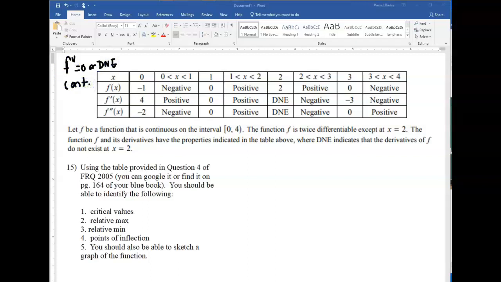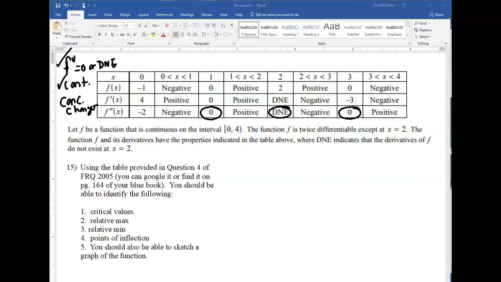And then third of all, the concavity needs to be changing. So let's start with the beginning. Are there any places where the second derivative is equal to 0 or does not exist? Well, there's one right here, and there's also one right here, and there's also one right here. There's 3 places. That's done.